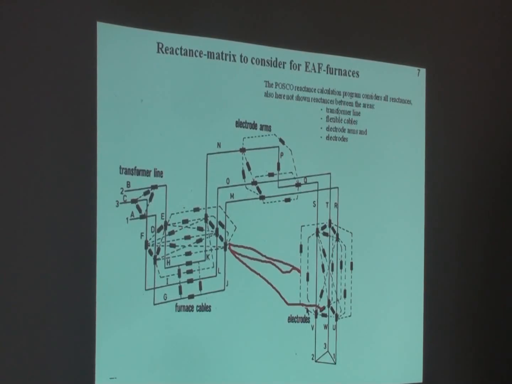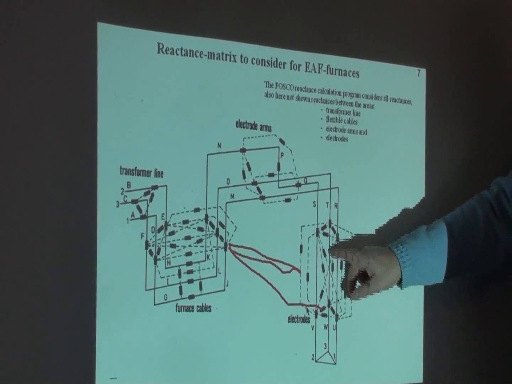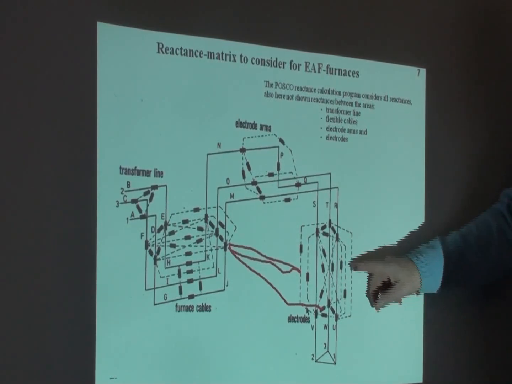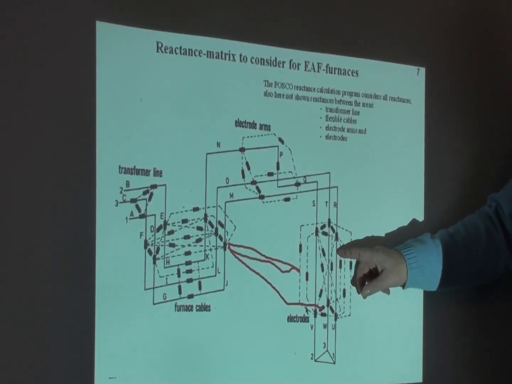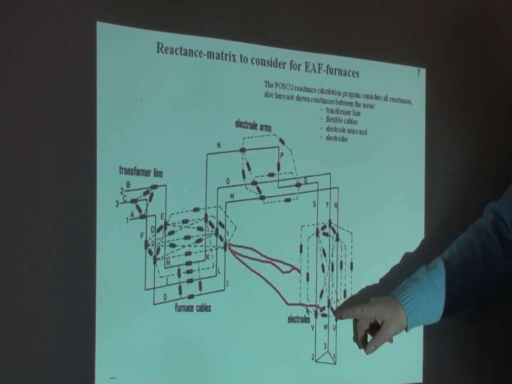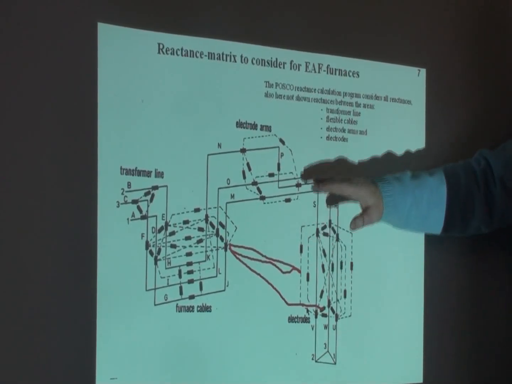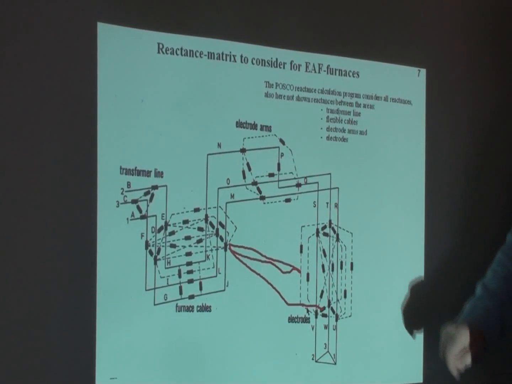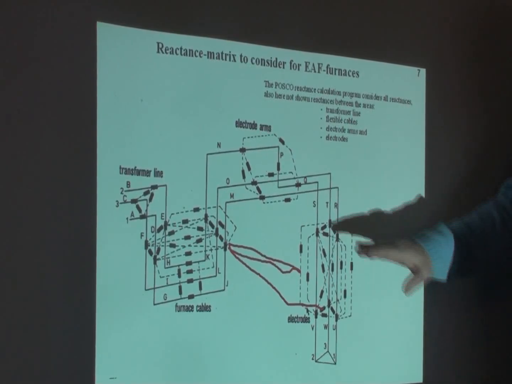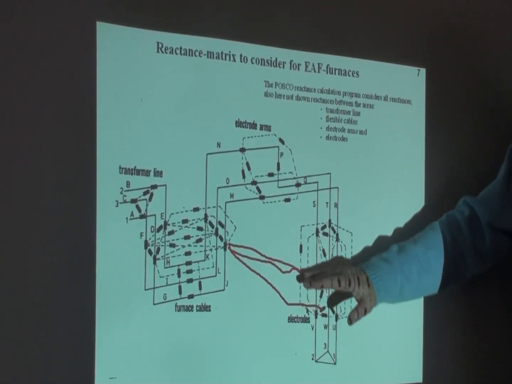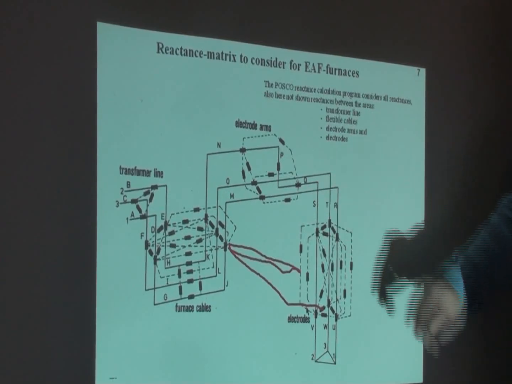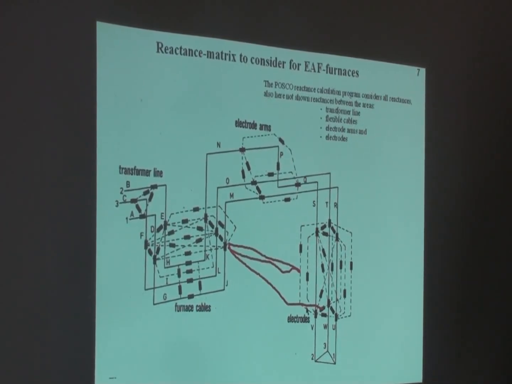But if you want to have the total reactance, there were also two different parts of electrodes. These were a graphite part, and the upper part was water-cooled copper cylinders.